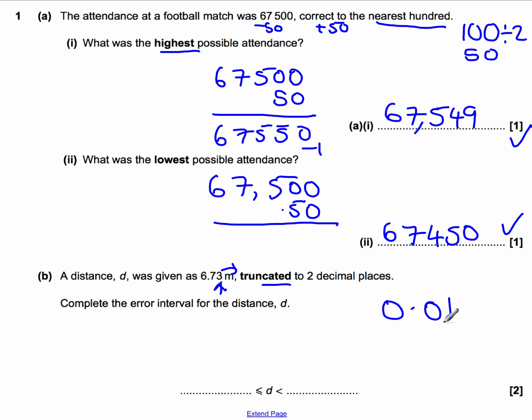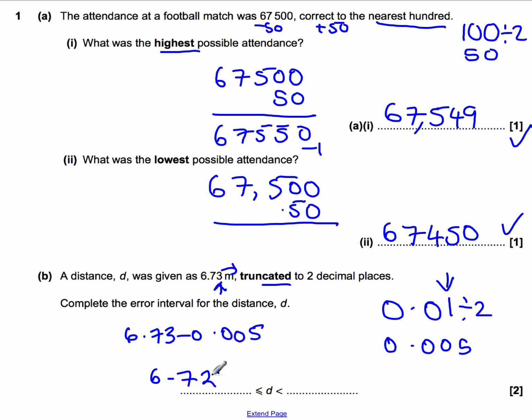0.01 represents the second decimal place. So what we would do is divide by 2. That will give us 0.005, and we would subtract 0.005 from 6.73. You can do this on your calculator because it's a calculator paper. That will give us 6.725.